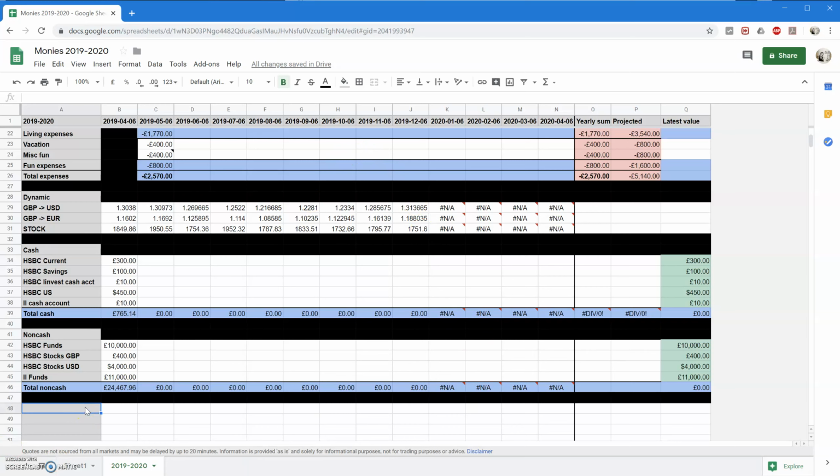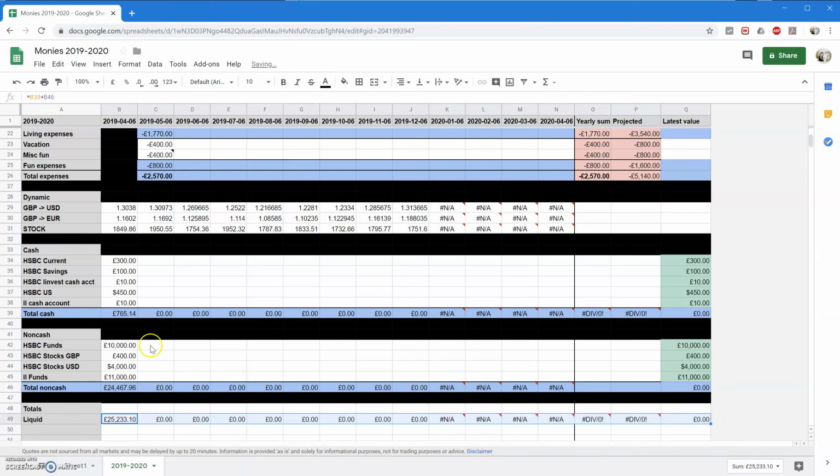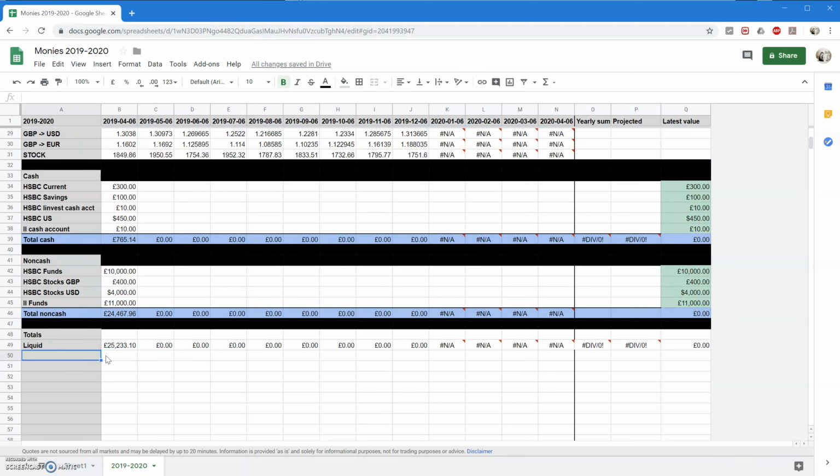So now we can also add totals, the net worth, if you will. Liquid as opposed to, say, pension, which I add elsewhere. So this is which you might want to have in another currency.